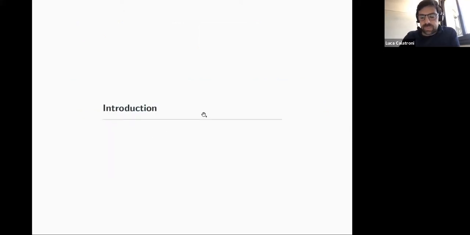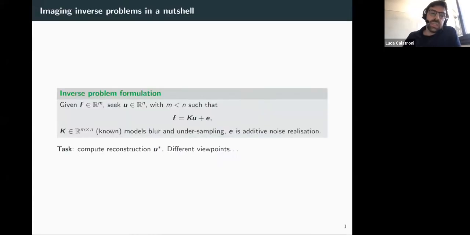So I start with a very soft and probably obvious to most of you introduction, just to fix the notation and providing some context.